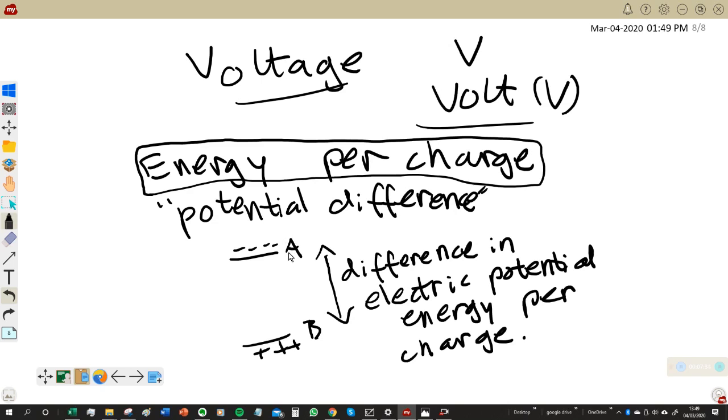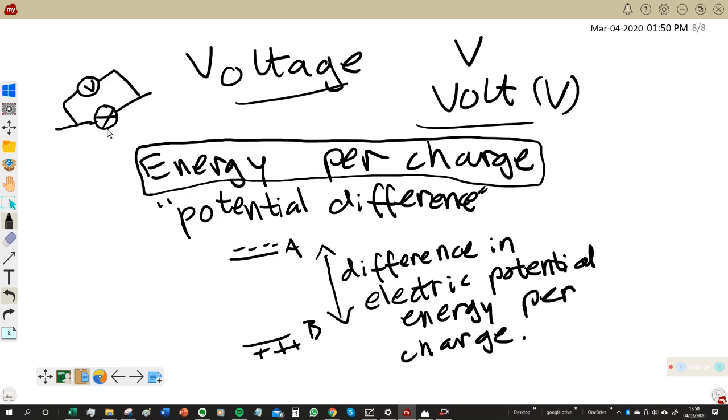We measure the energy between two different points, and that's why when you measure voltage, you measure it in parallel. So if this is a light bulb, then I would have a voltmeter in parallel, because what I want to know is the change in energy per charge between 2 points.